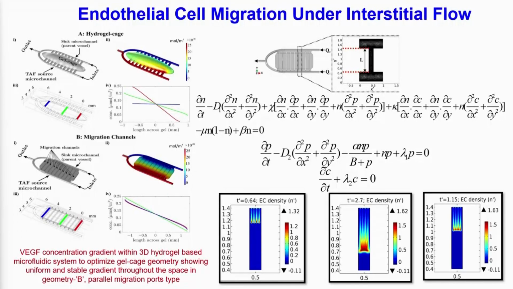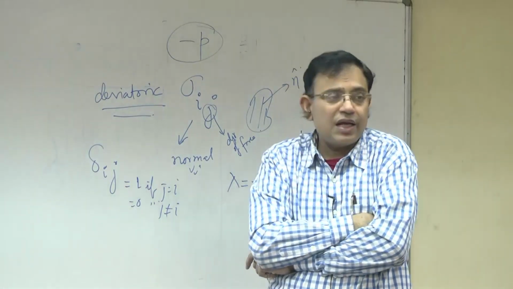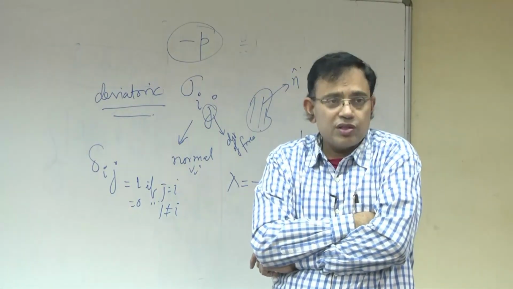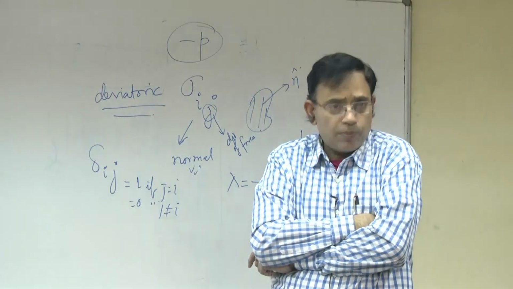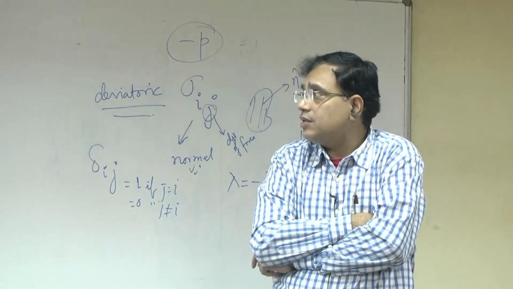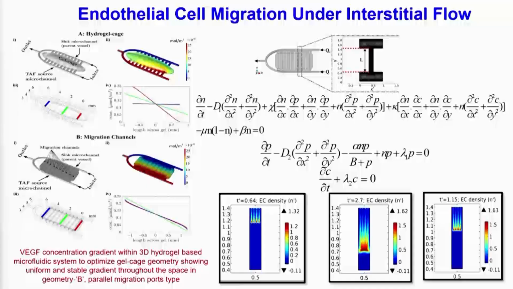So, you have two different species, one is the endothelial cell and another is the growth factor, for which you can solve two different convection-diffusion problems, and then couple that with your solution of the Navier-Stokes equation, and you will get an idea that, depending on how the extracellular structure is, what the density of endothelial cells is.